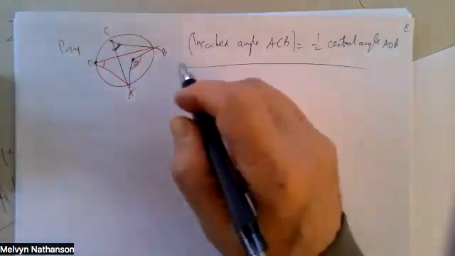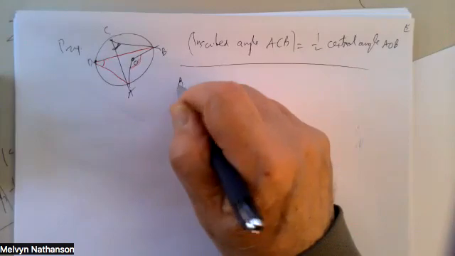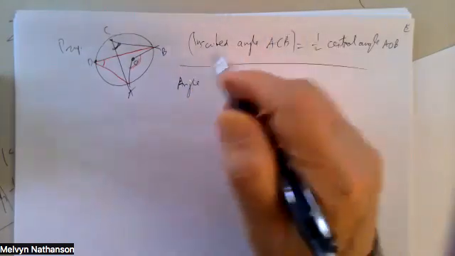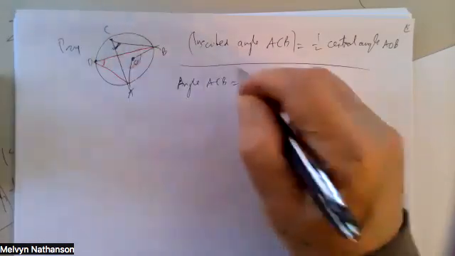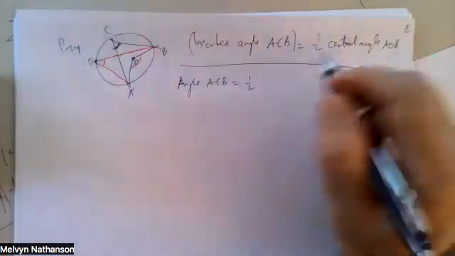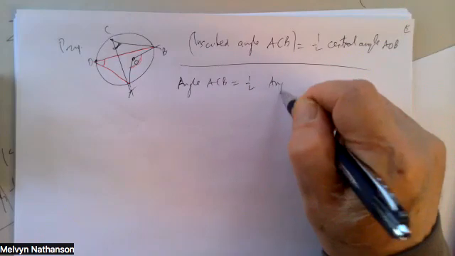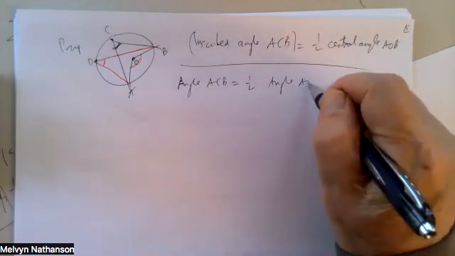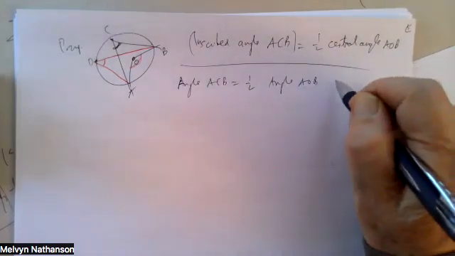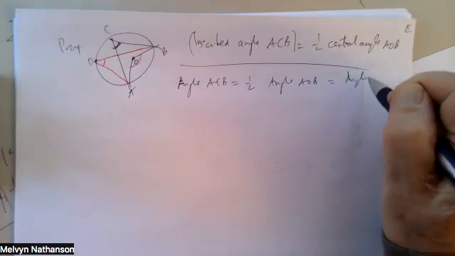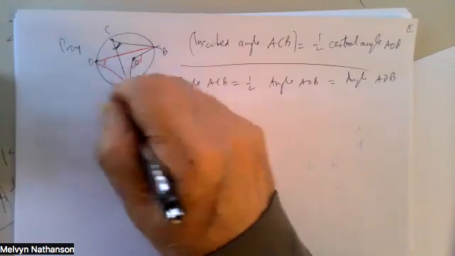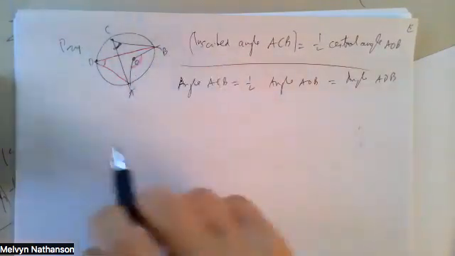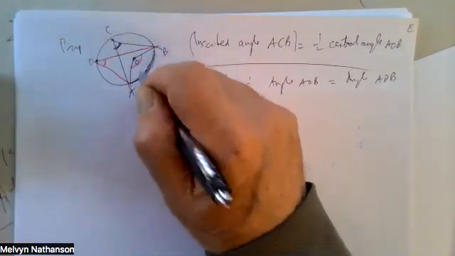So angle ACB is half of angle AOB, which is equal to angle ADB, because the red angle and this angle, they cut out the same arc.